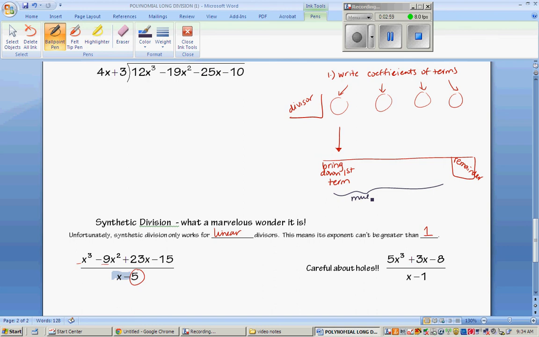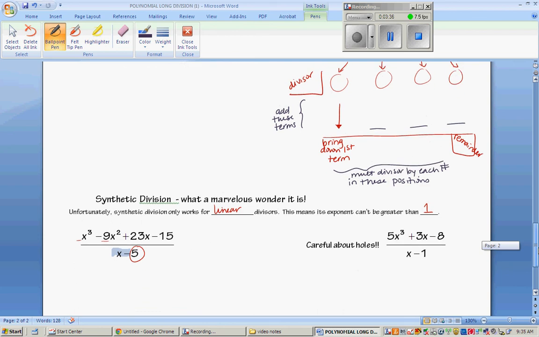So we're going to multiply the divisor by each number in these positions, and you write them here in these spots. In these spots, you're going to add these terms. Now, it all looks very complicated and messy, but it's actually going to be very, very quick once we go to try and do this out. So let's see how this would work.